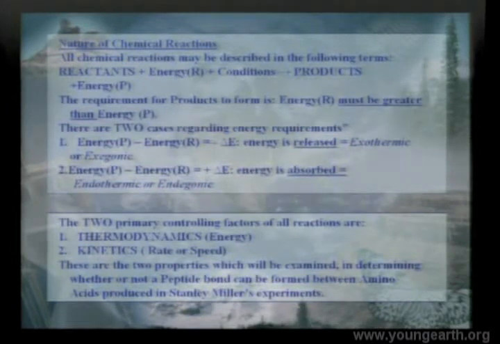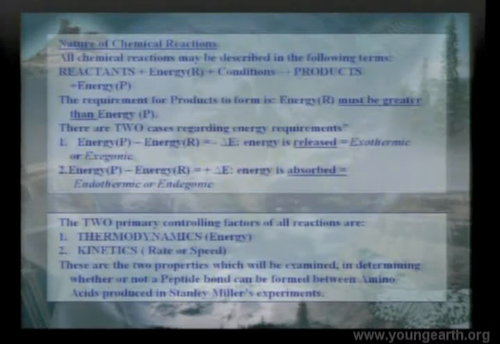Okay, so you get a reaction, reactants plus energy, and the conditions give us a product. And of course, there's energy involved there. Energy on both sides. The energy is balanced, of course, in the outcome, because by the law of thermodynamics you can't lose or gain energy. It's got to be balanced off.